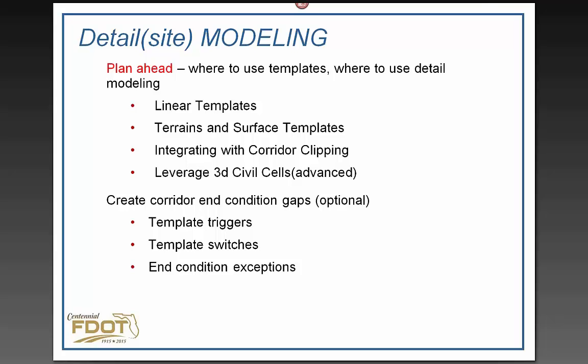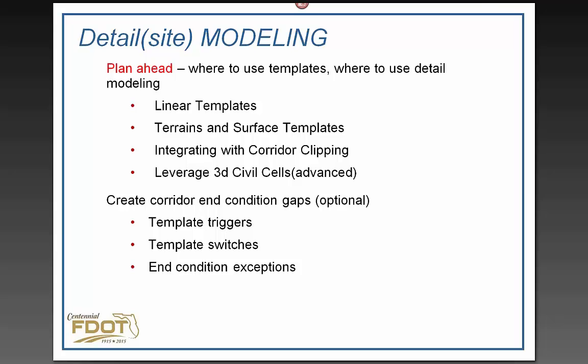The reason for that is it will make your processing a little more efficient. If you just blast your normal end conditions through an intersection and then come back and design an intersection, you're going to end up using corridor clipping, which adds a little overhead. Every time something changes on your corridor, it's going to go back and have to reclip it again.